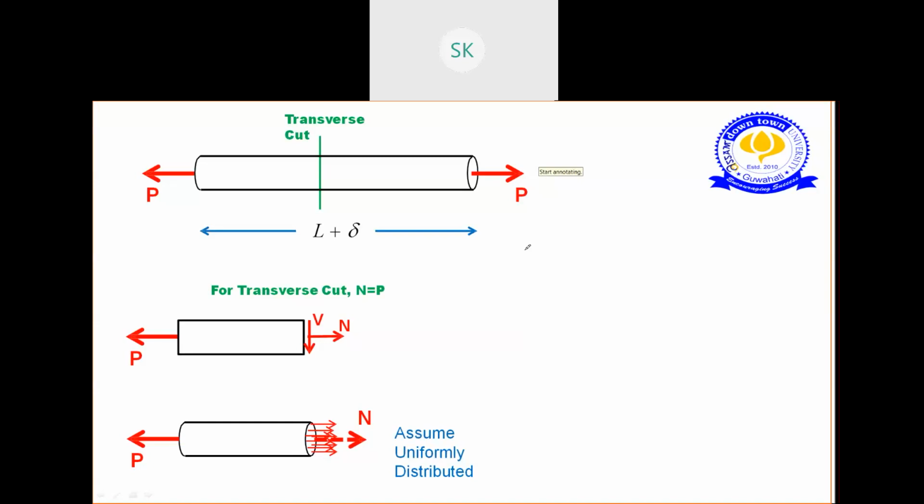As there is no vertical force in this direction, if we equate these forces, the shear force becomes 0, and N is nothing but equal to P. So your axial force will equal the normal force, and the shear force is equal to 0. We have also assumed that all the normal stresses in this direction will be uniformly distributed. Let's move to the next slide.